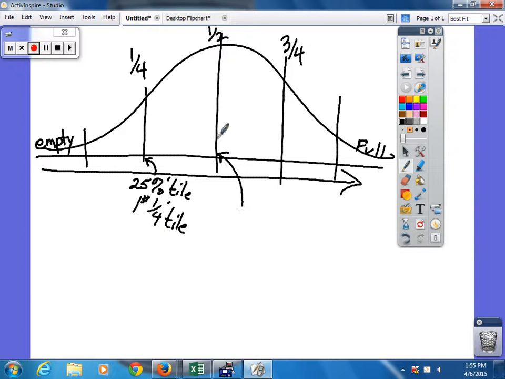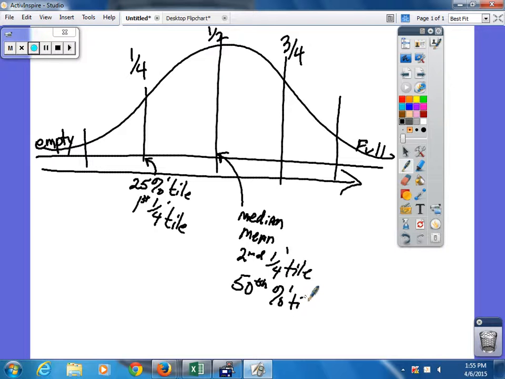This right here, median, in some cases the mean, is the second quartile, or the 50th percentile. And this guy right here is your third quartile, the 75th percentile.